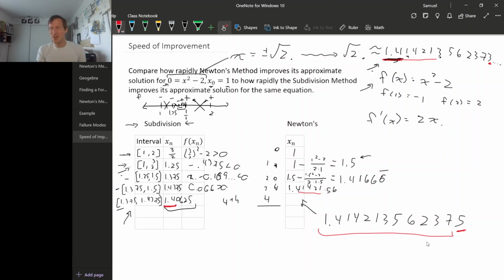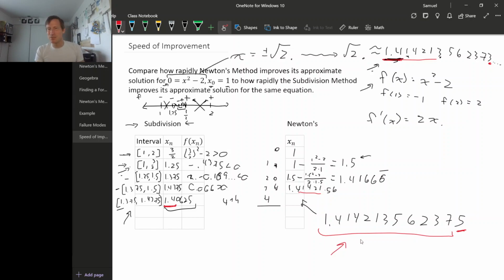Now, if you've ever programmed a computer to do anything, you can imagine that programming a computer to do Newton's method is actually going to be a pretty straightforward loop. Right? You just program in the formula for Newton's method and ask the computer to repeat it. So a computer is going to be able to flash through 4 rounds of Newton's method in no time at all.